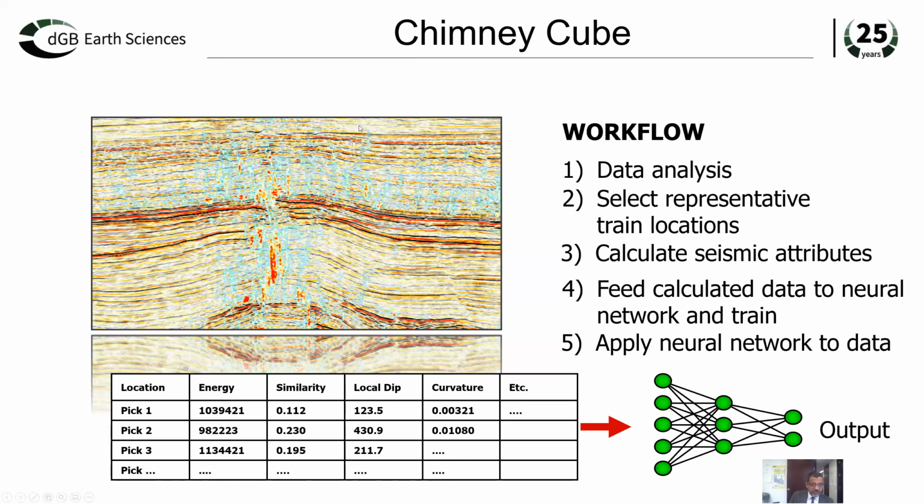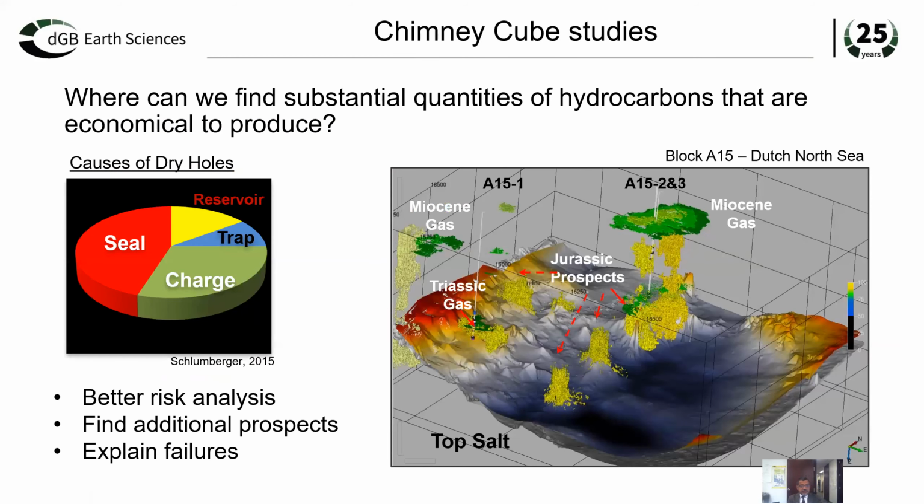And that is one of the big methods introduced by Statoil, now called Equinor, and then implemented and worked by DGB as the main analysis. And they now have a complete atlas of the chimney cube studies. All the worldwide chimney cube studies are put together as an atlas.